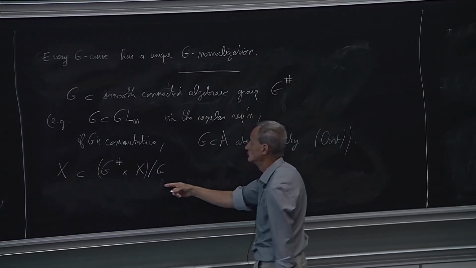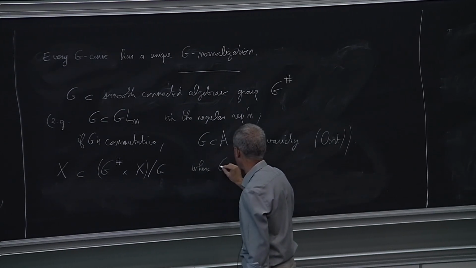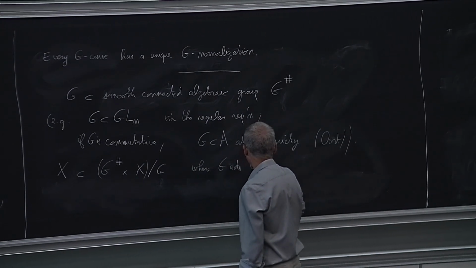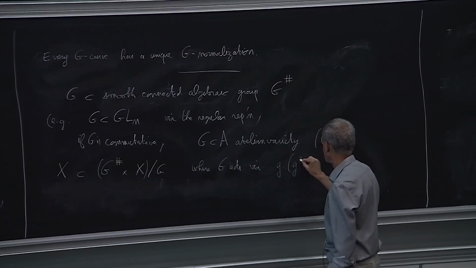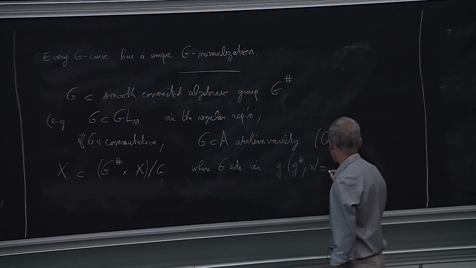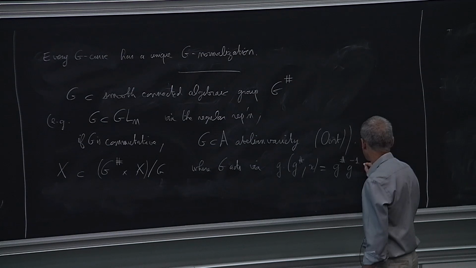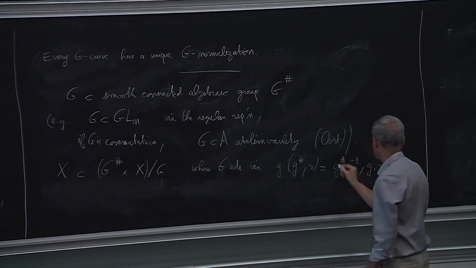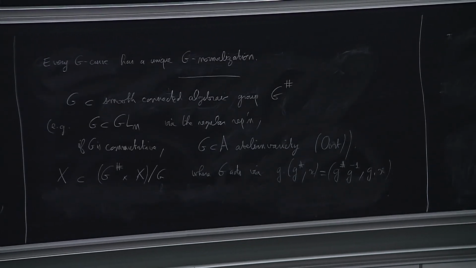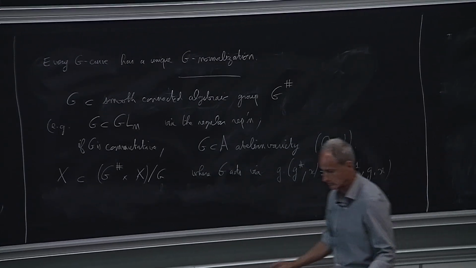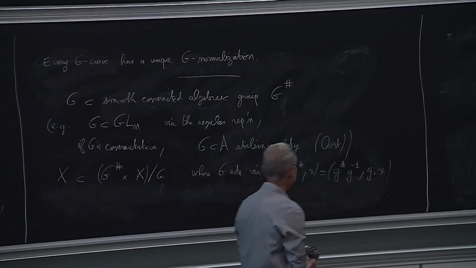Well, now you define the action in a similar way. Okay, so I just copy it. Well, the group is maybe not commutative, so I have to be a bit more careful.